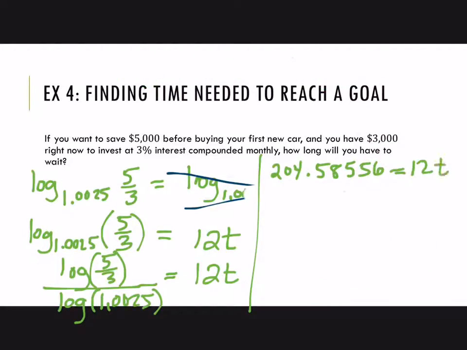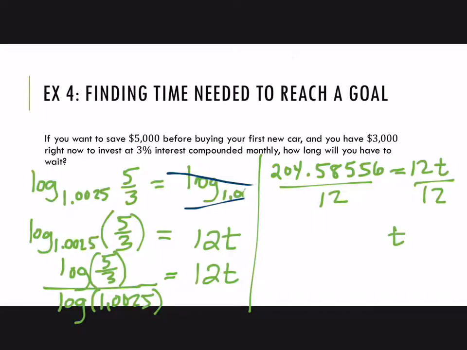Now we're back on familiar ground. This is a linear equation, and to solve for t, I just need to divide by 12. That's similar to some of the other equations that we've solved before.